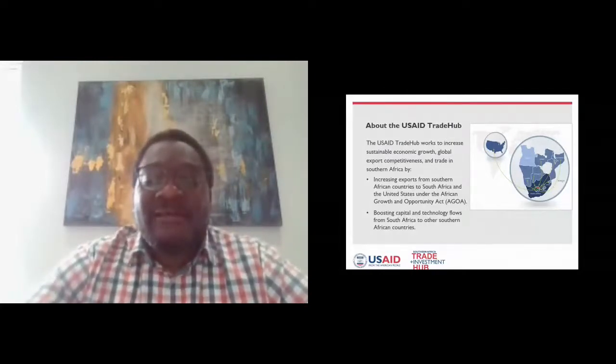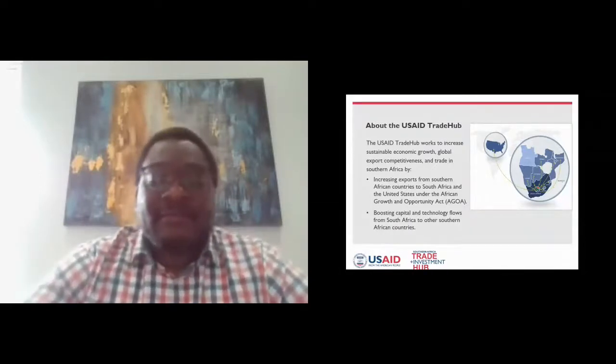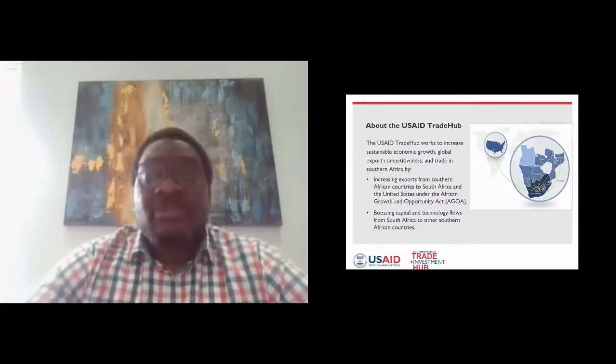So we're looking at the 5 SACU countries, for those that know about SACU, and then the 3 countries outside SACU, which are Malawi, Mozambique, and Zambia. So those are the 8 countries we operate in, and we do have presence in all of them.